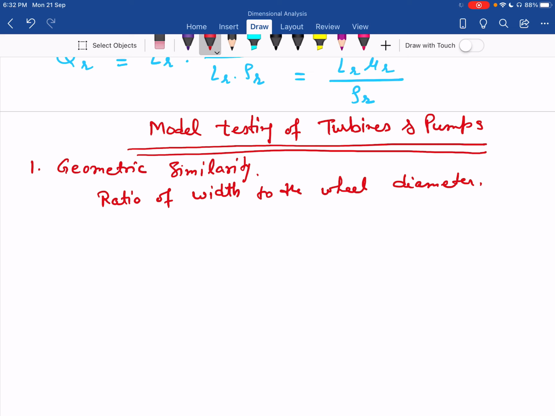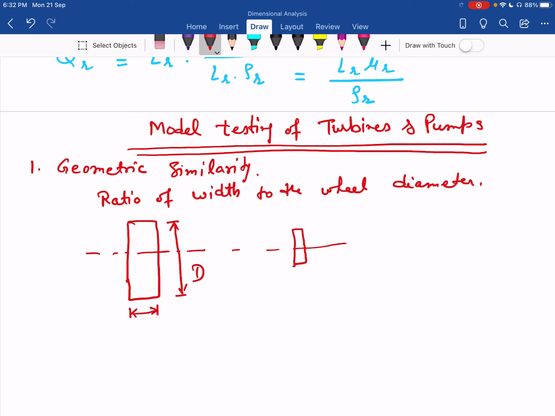If this is the runner of the prototype and this is the runner of the model, this is the diameter D and this is the width B.